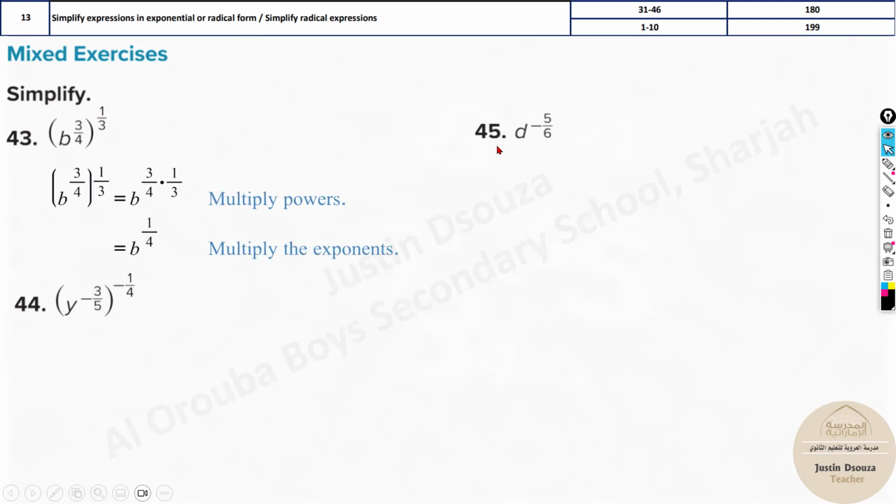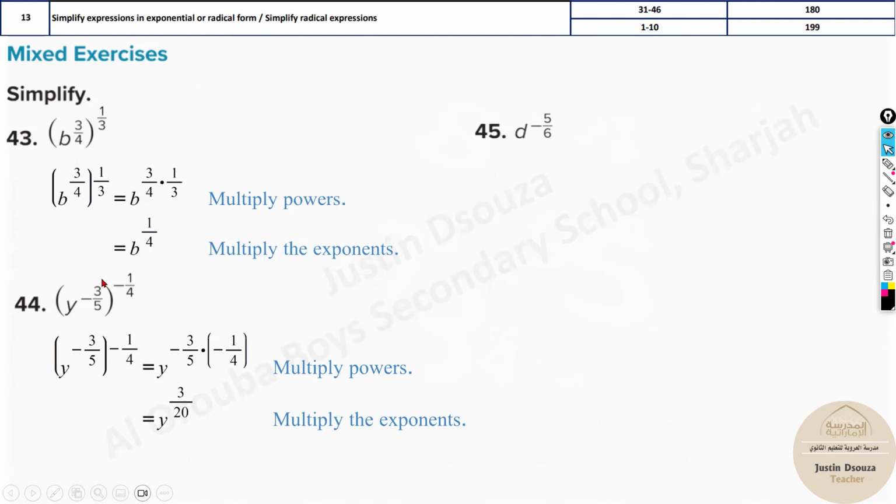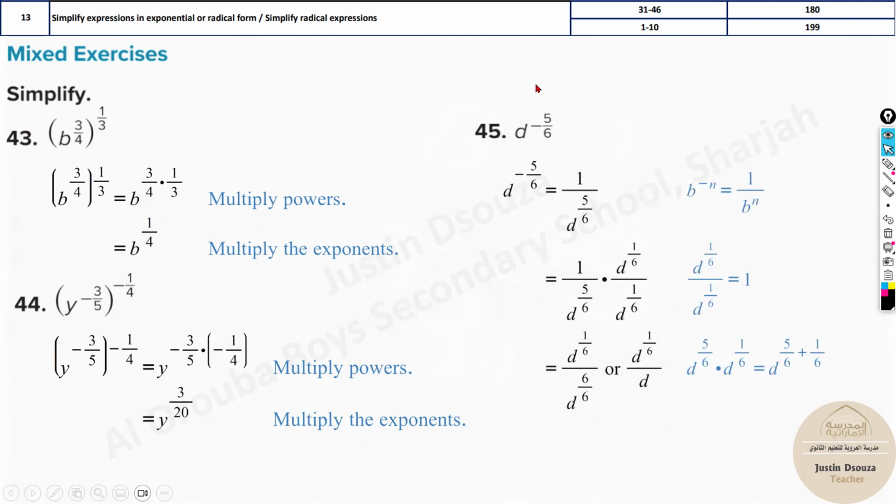Here you're just writing 1 divided by, wait, we are doing this over here. See, this is an important thing. I'll tell you over here because it's much easier. Whatever is negative power, you must write 1 divided by it with positive power. That's the concept. So over here, the same thing you're doing. Now here, first of all, this one, you multiply the powers with each other.